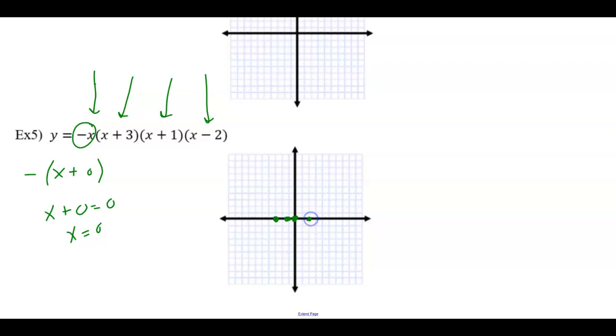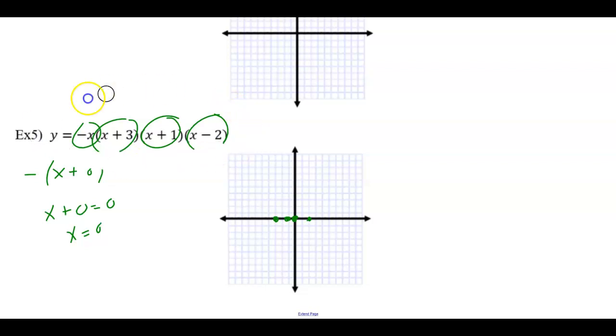So this graph had 4 x-intercepts. And notice there were 4 different factors. We had this times this times this times this. So 4 different factors. That's important to note. They're all different, gave us 4 different x-intercepts.